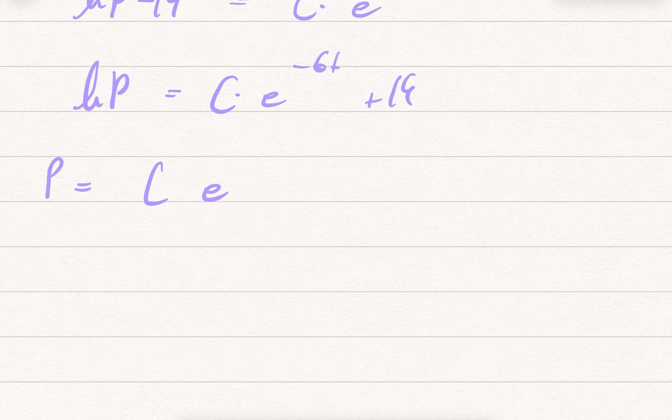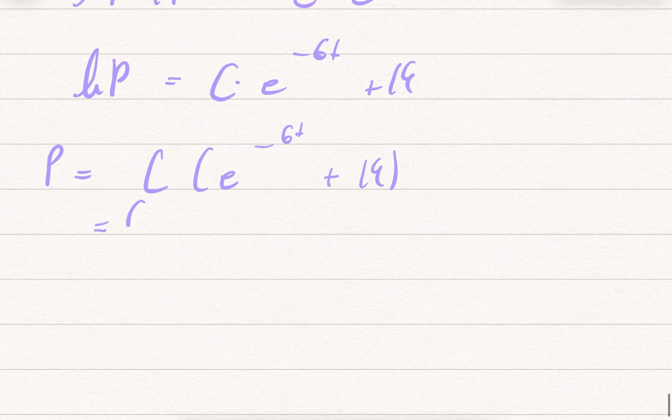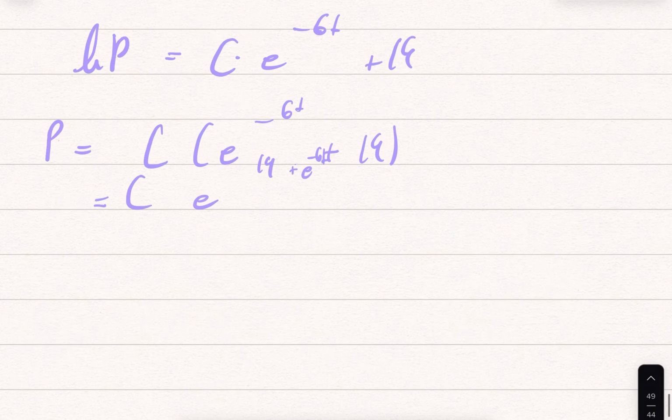Dude, why am I tripping? It's basically like this: e to the negative 6t plus 19. And I'm bringing this up, which equals c e to the 19 plus e to the negative 6t, right?